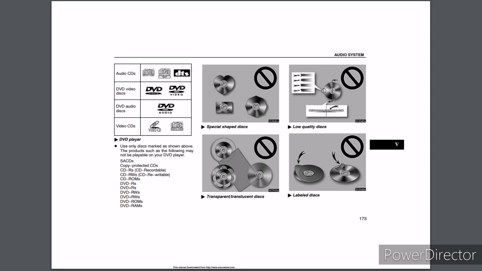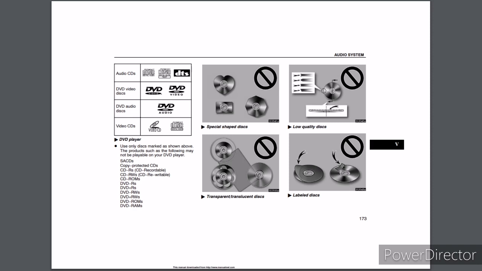DVD player. Use only discs marked as shown above. The products such as the following may not be playable on your DVD player. SACDs, copy protected CDs, CD-Rs, CD recordable, CD-RWs, CD rewritable, CD-ROMs, DVD-Rs, DVD+Rs, DVD-RWs, DVD+RWs, DVD-ROMs, and DVD-RAMs.